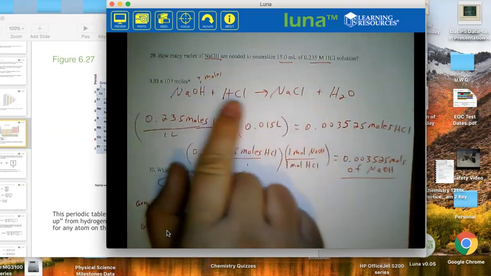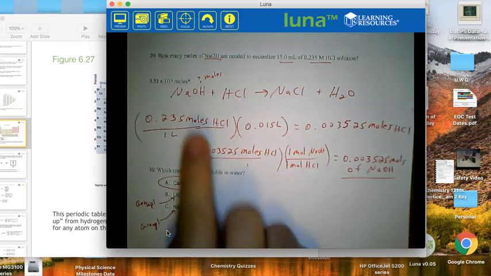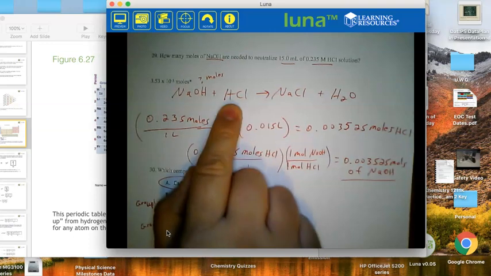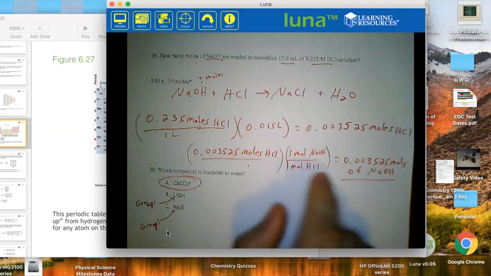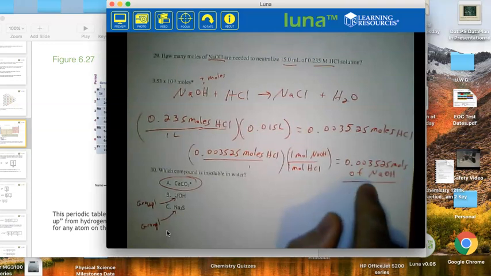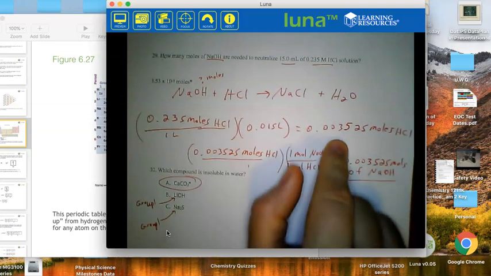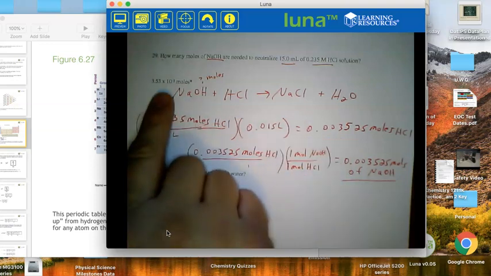If you look, it's 1 to 1. That means for every 1 mole of HCl, I need 1 mole of sodium hydroxide. So I need 0.003525 moles of sodium hydroxide to neutralize 0.003525 moles of HCl. And that's your answer there in scientific notation, which is the same number as this.